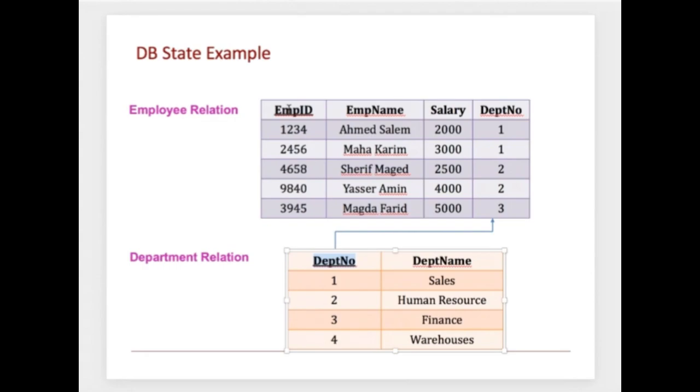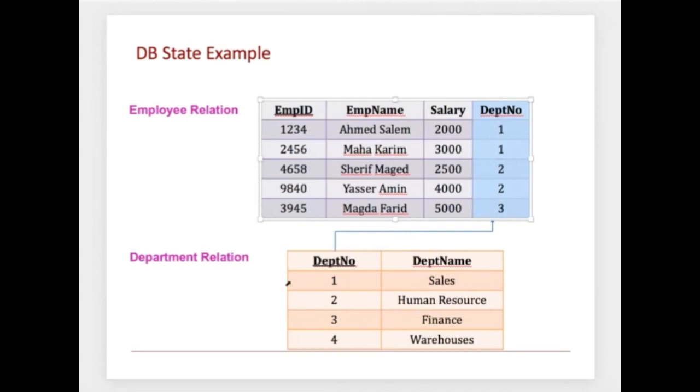In the employee table, what is the primary key? Employee ID. This department number is the primary key here, and it has its references in the employee table, so we will declare it as a foreign key in the employee table. Okay, nobody remembers?